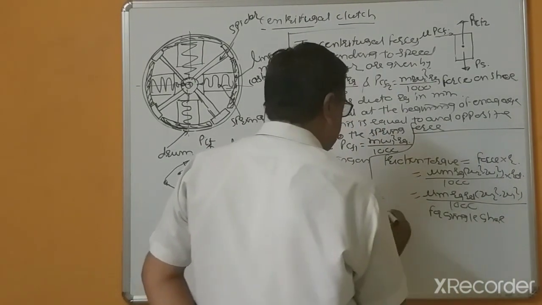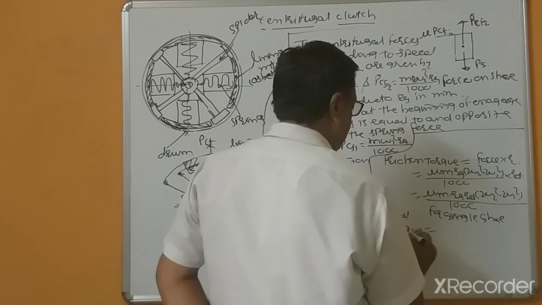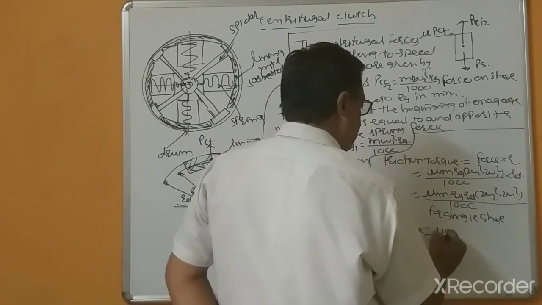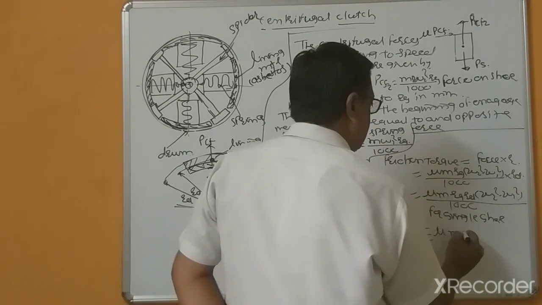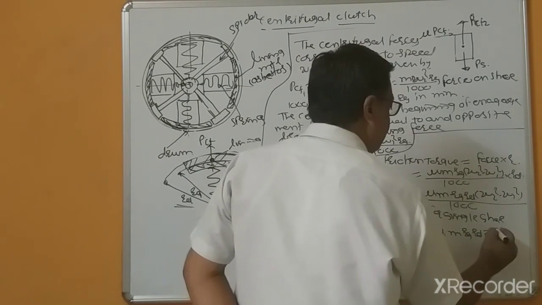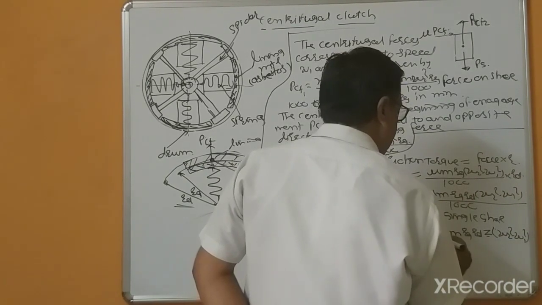So the total torque Mt equals mu multiplied by z, m Rg Rd, into omega 2 square minus omega 1 square, divided by 1000.